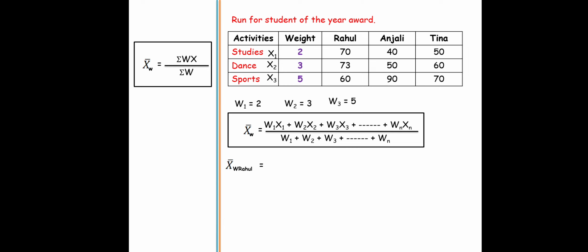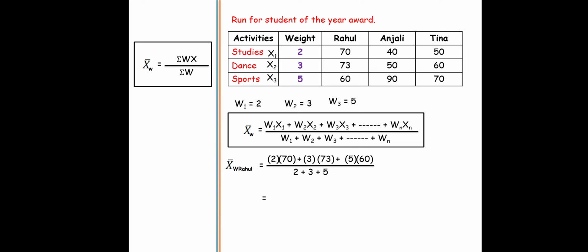Our W1, weight 1, is 2, and x1 of Rahul is 70, plus W2 is 3 into x2 of Rahul, which is 73, plus W3 is 5 and x3 of Rahul is 60, divided by W1 plus W2 plus W3, that is 2 plus 3 plus 5.